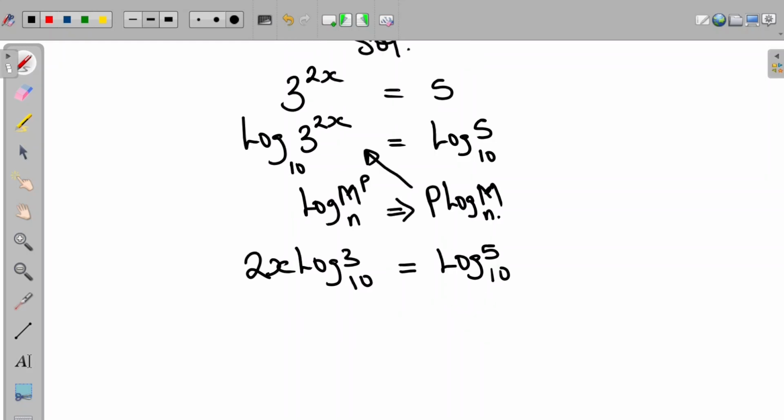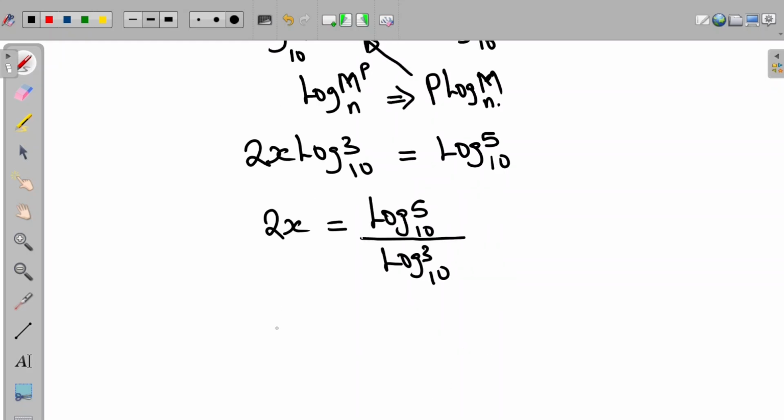Therefore, if we divide both sides by log 3 to base 10, 2x equals log 5 to base 10, all divided by log 3 to base 10. Thus, this can further be simplified as 2x equal to log 5 to base 3.